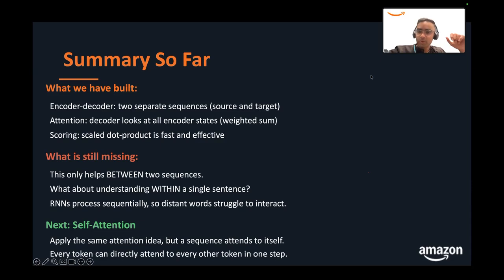If I can do that, it avoids the drawback which RNNs have of sequentially passing on information, which decays the information. If I can attend to each and every token in my input sequence, I get a direct connection between each and every token, which was a drawback pointed out in RNNs.